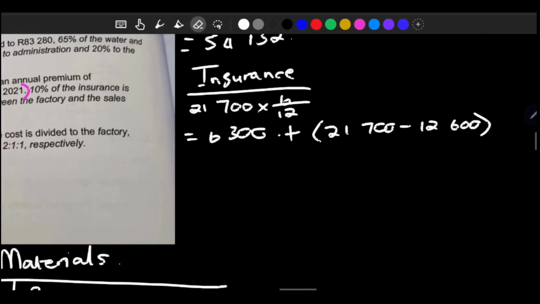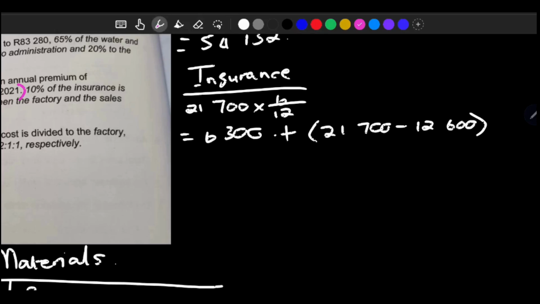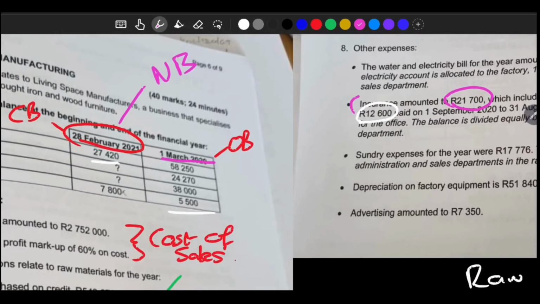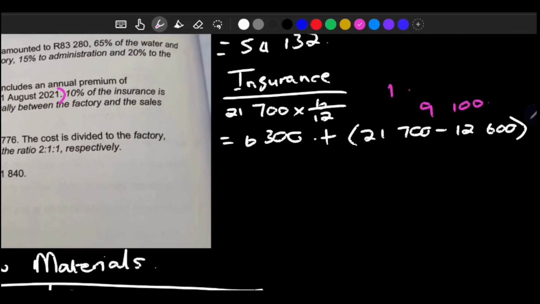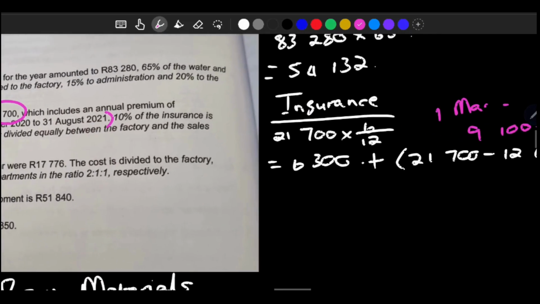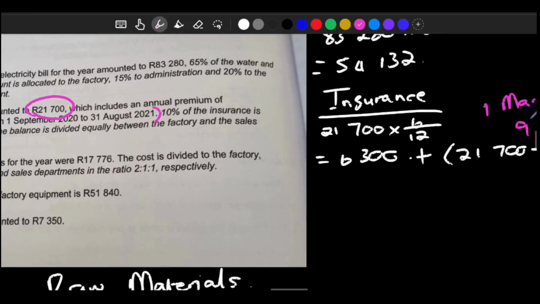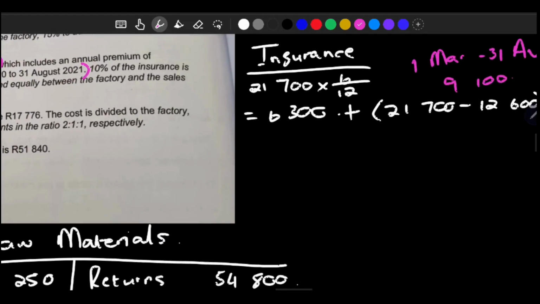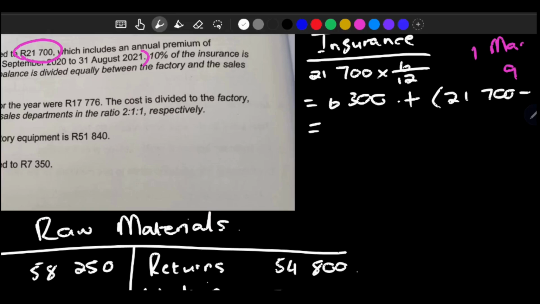So this amount here is 9,100. This 9,100 will be from the beginning of the year, 1 March 2020, up until the month before September. So that is August, 31 August 2020. That is the 9,100, and this gives us a total of 15,400.